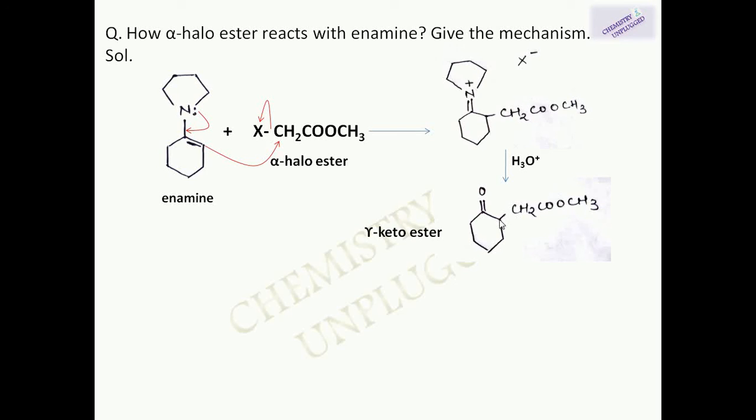The only change is that this substituent will attach on the alpha carbon atom, because this enamine is basically formed from cyclohexanone and pyrrolidine. So this is a cyclohexanone group and we have this ester group at the alpha carbon atom of it.